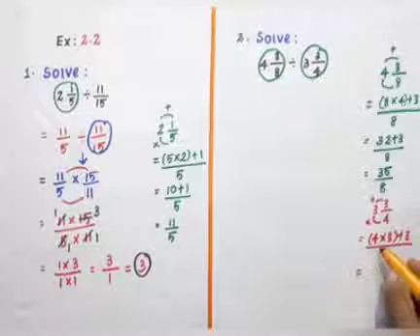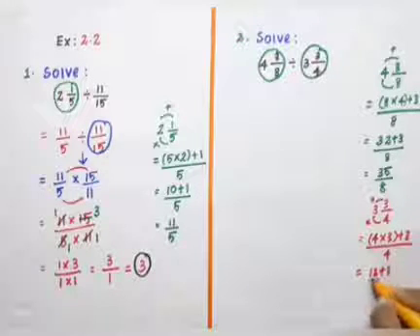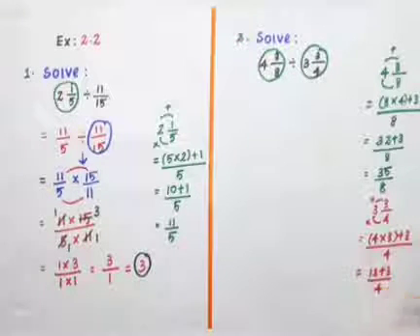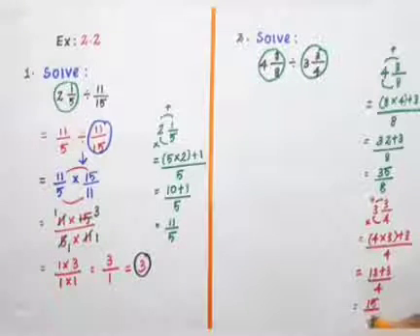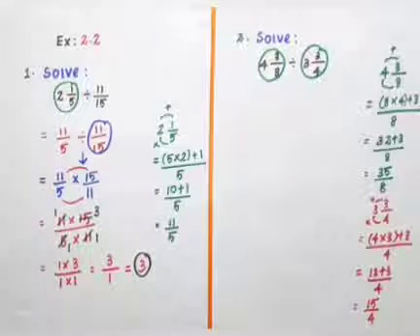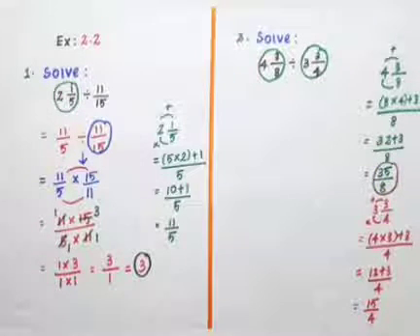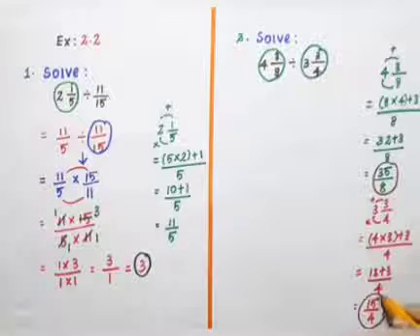Equal to 4 threes are 12 plus 3, divided by 4. This is equal to 15/4. Therefore, 4 3/8 can be written as 35/8 and 3 3/4 can be written as 15/4.